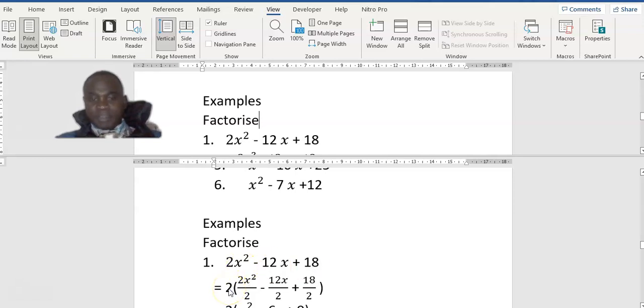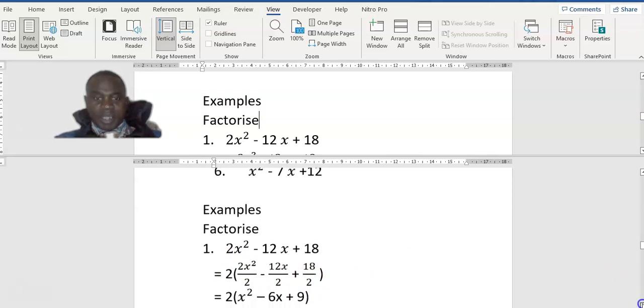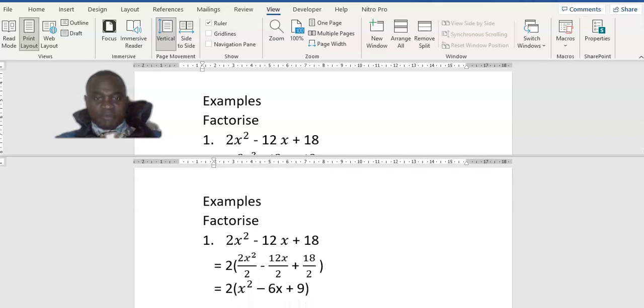You bring it out, then we are going to say this value 2x squared divided by this 2, minus 12x divided by this 2, plus 18 divided by this 2. That's the first thing.